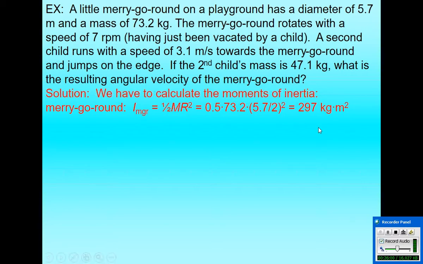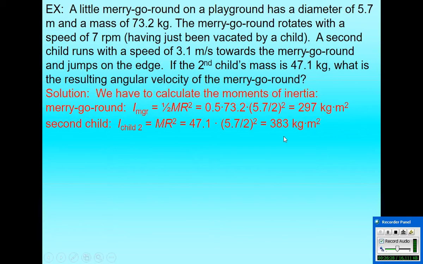The second child, who runs and jumps onto the rotating merry-go-round, is going to be treated as a point mass, a point particle. At the instant they make contact with the edge of the merry-go-round, they are 5.7 divided by 2 meters away from the axis of rotation. So their value of r would also be 5.7 divided by 2.